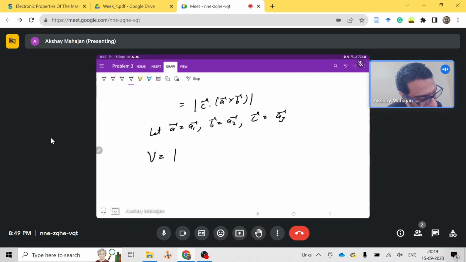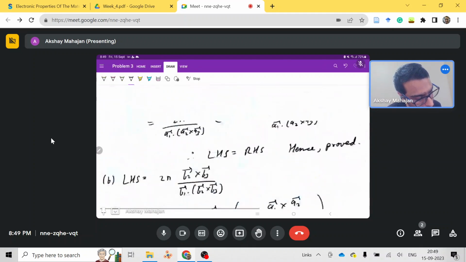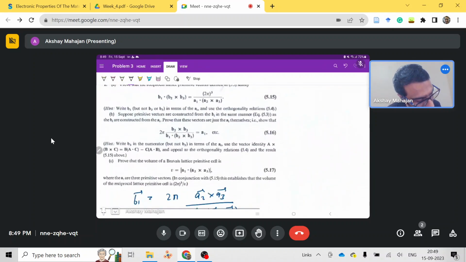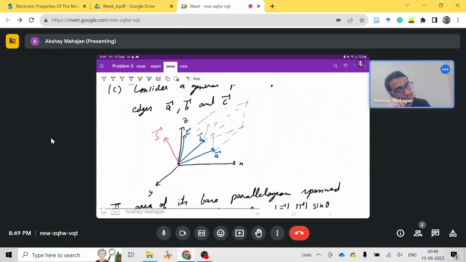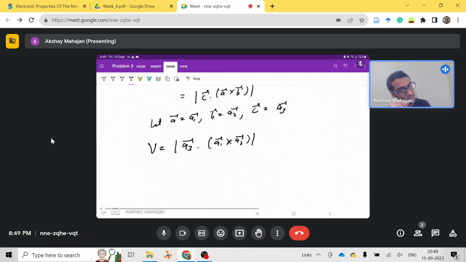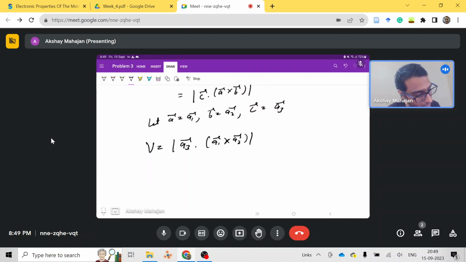Then volume V is a3 vector dot a1 vector cross a2 vector. I hope you understand that a1 dot a2 cross a3 is the same as a3 dot a1 cross a2. That is the cyclic property. So this is what we have proved here.